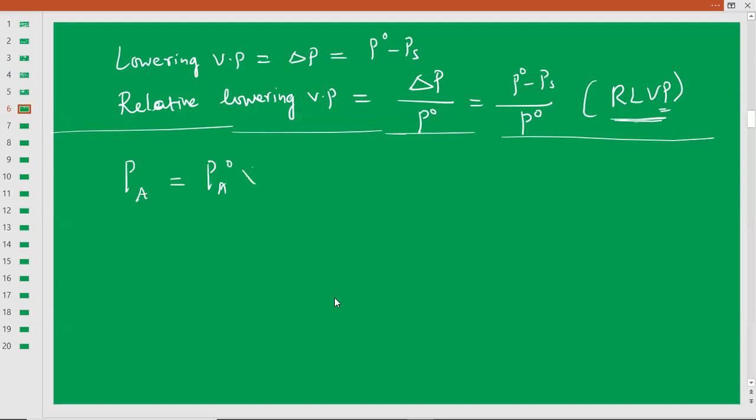So you can write Pa is equal to Pa0 into XA. This is a well-known fact from the previous Raoult's law discussion.